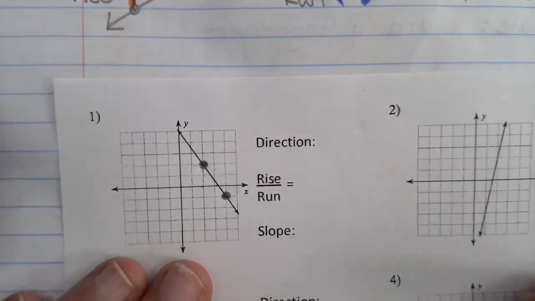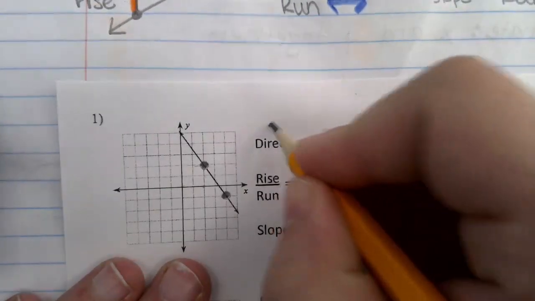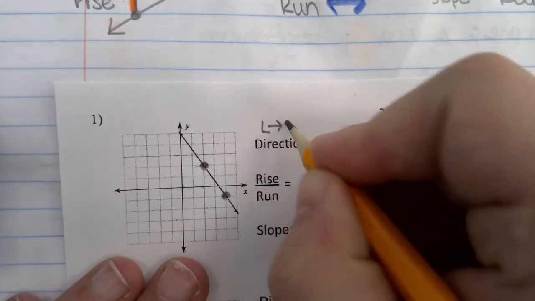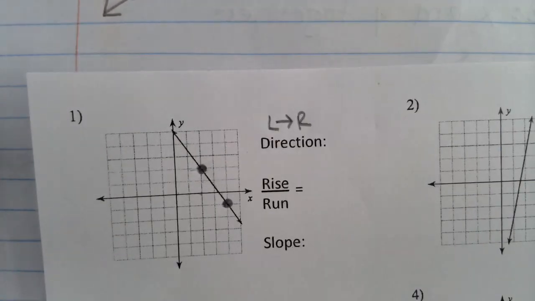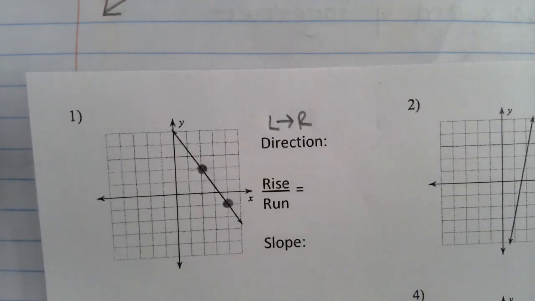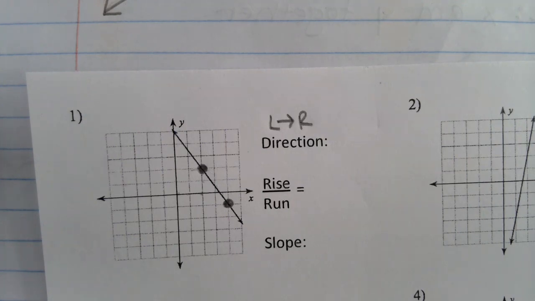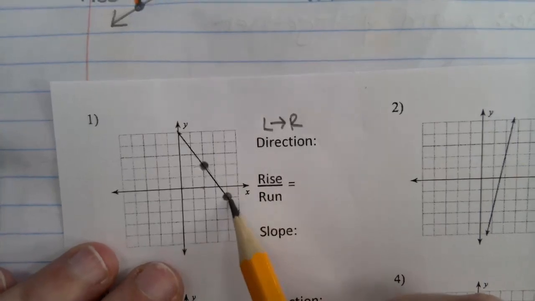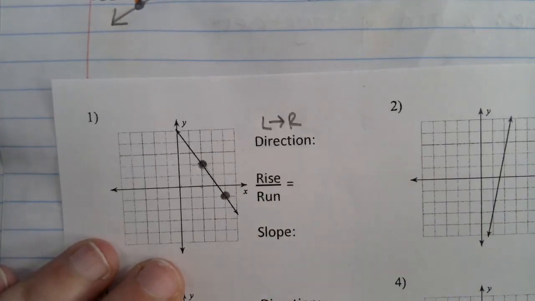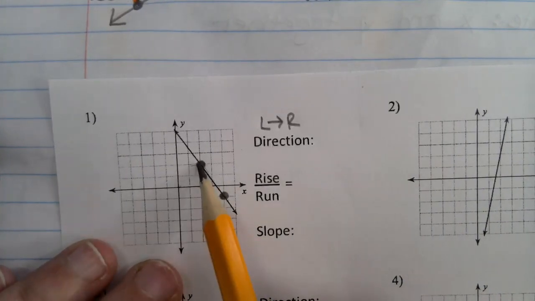Okay, so now I'm going to think direction. We're going left to right. As I go left to right, is this direction going up, down, straight across, or is there no left and right?